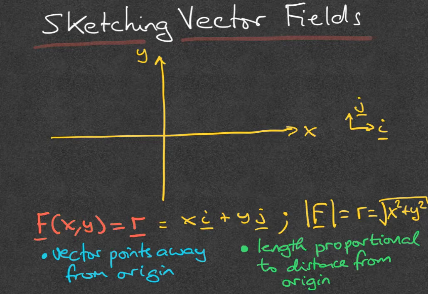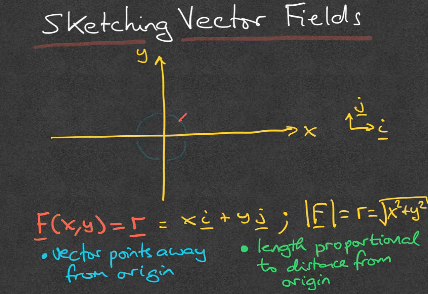So let me just draw for you a circle. I'm going to draw this very faintly because I don't want it to really distract us too much. We don't need to draw these things normally, but this is just to give us some practice. So if I draw a circle here, then all of the vectors of the points on that circle will have the same length.